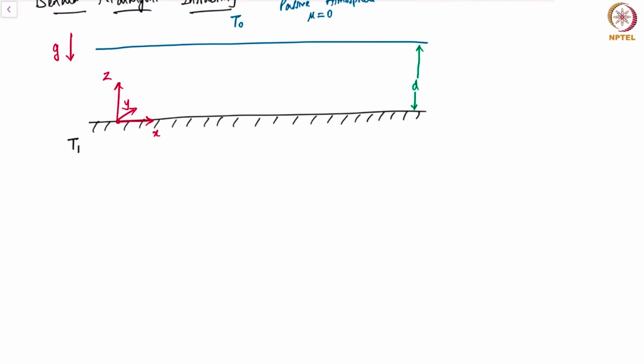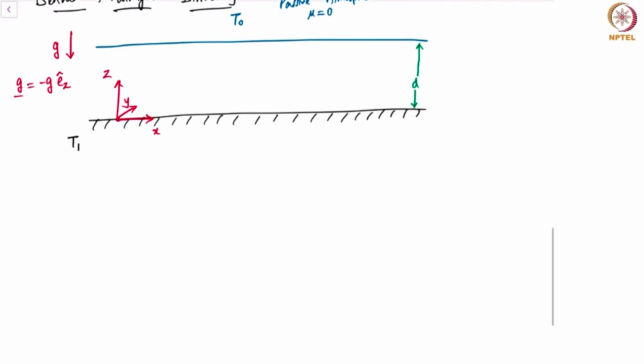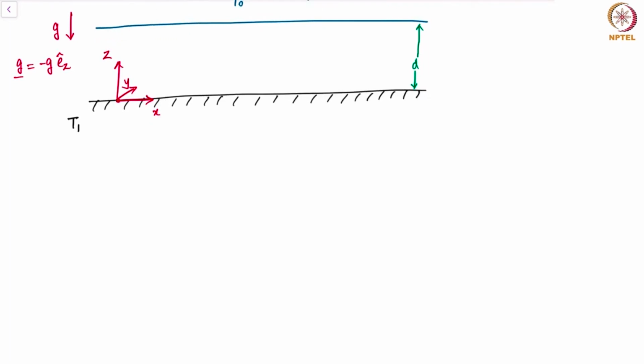The gravity vector g would be minus g times Ez, where Ez is the unit vector along the Z direction. Now we'll write down the main governing equations.